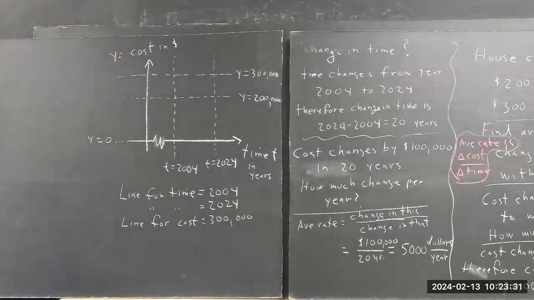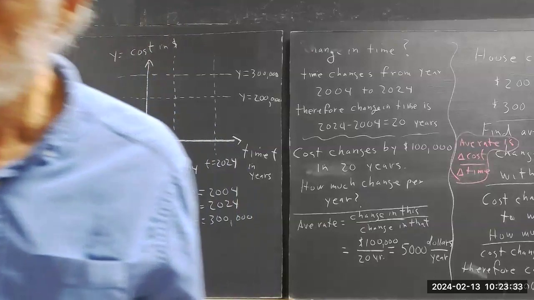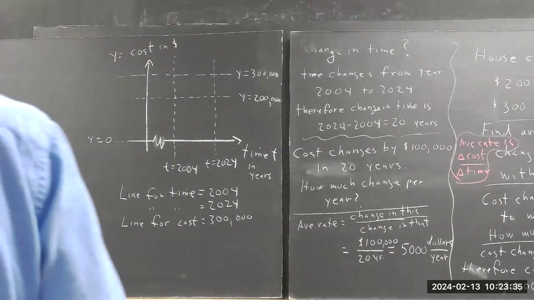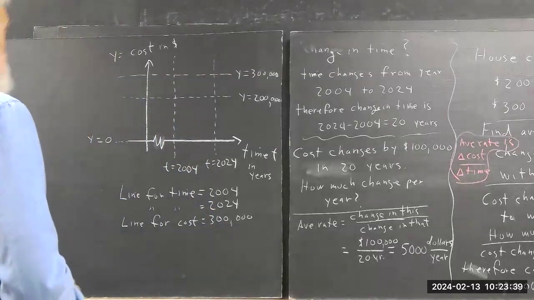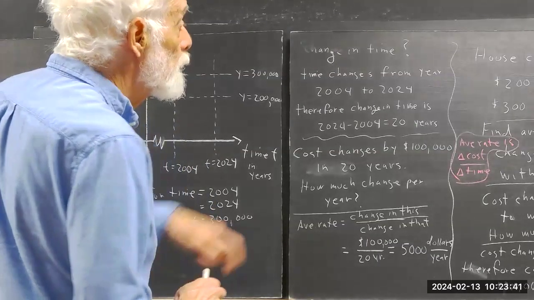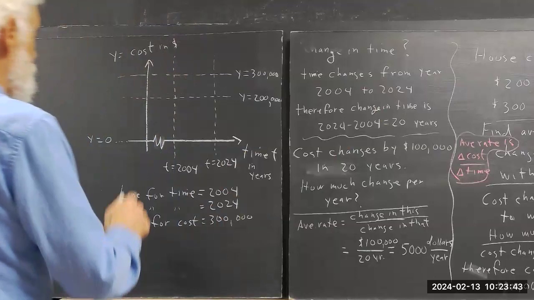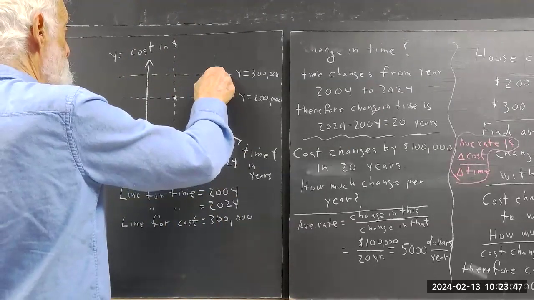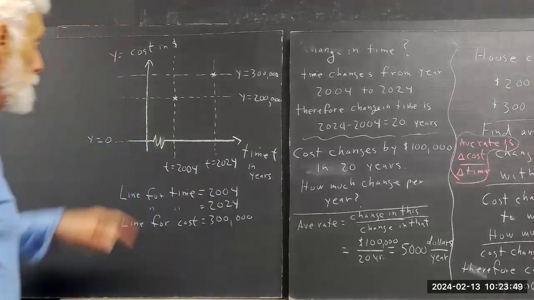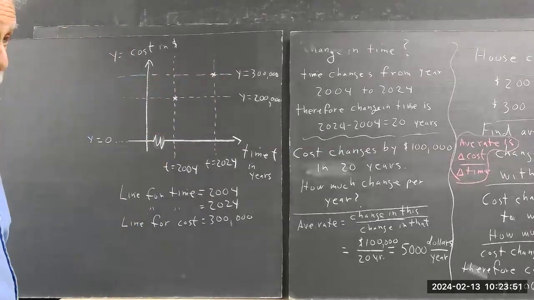Okay. Now, that means that the information we're given can be represented by 2 points on the line.